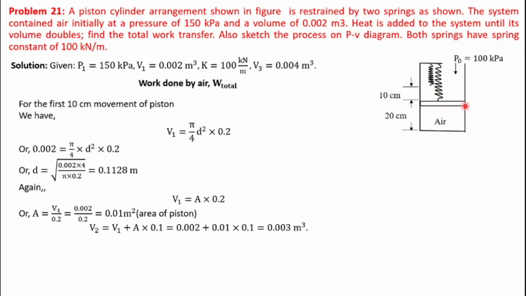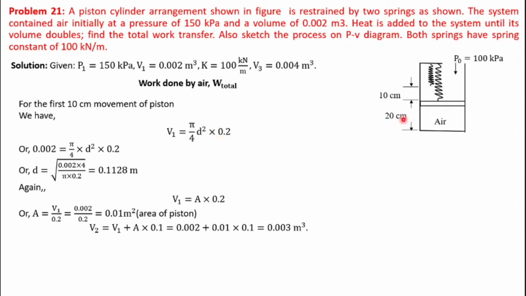As for the initial condition, that is state 1, the height of the cylinder is given, so we can find the diameter of the piston using the formula V equals pi d square by 4, that is cross section area into height.